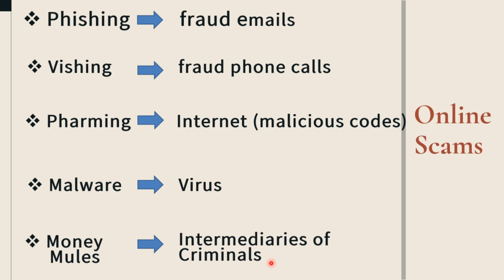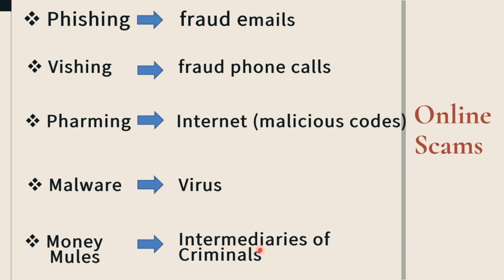These intermediaries are sometimes aware of the intention of the criminals and sometimes unaware of it. But whether aware or unaware, intentionally or unintentionally, these intermediaries do work for the financial criminals.